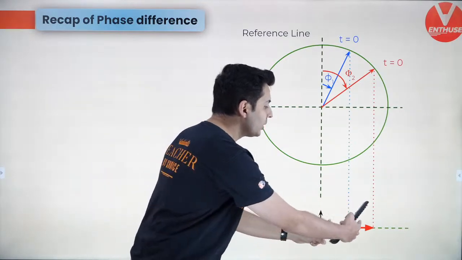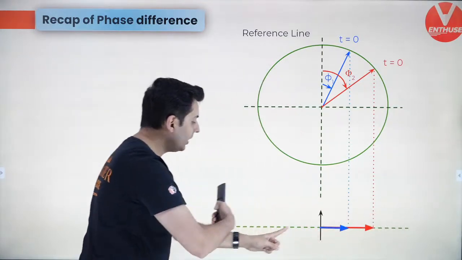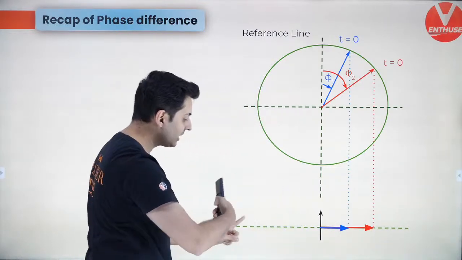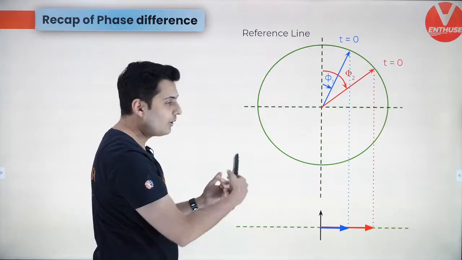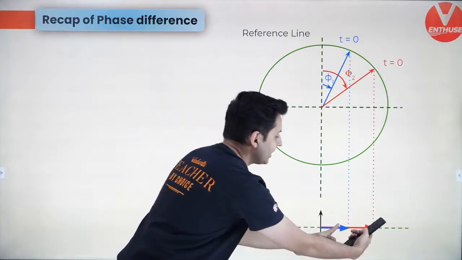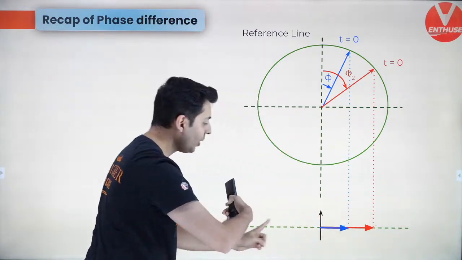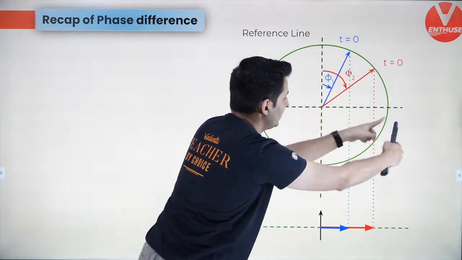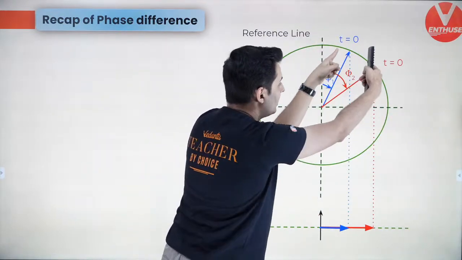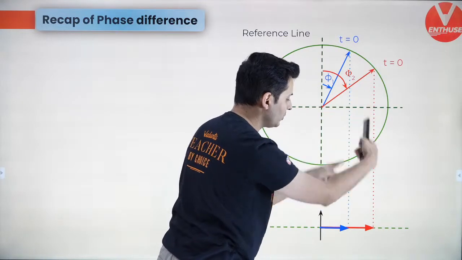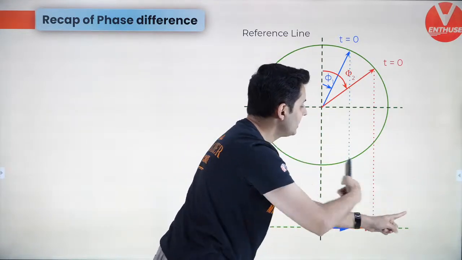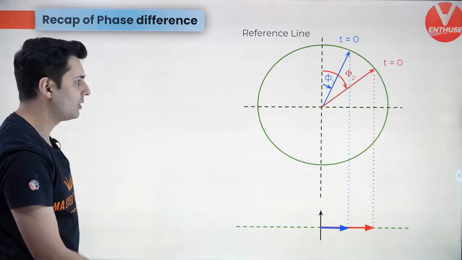You will see both these particles will not be moving simultaneously, but there will be some lag, or one will be ahead of the other. Like over here, you can see each one will follow the next. As these 2 points revolve in this circle like this, you will see these two projections, these two perpendiculars, these two lines will keep shifting like this. You can visualize this in your head.